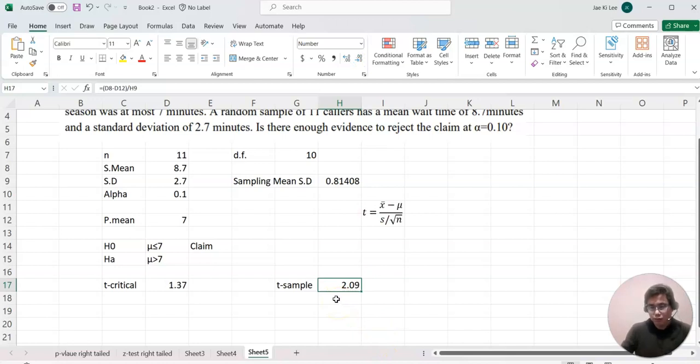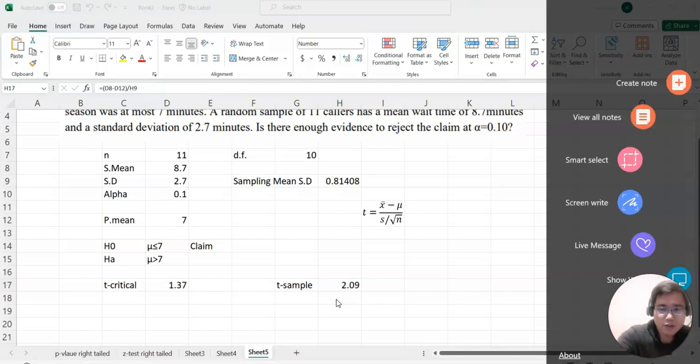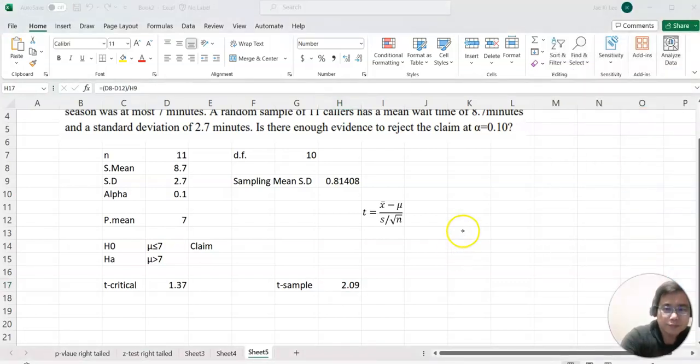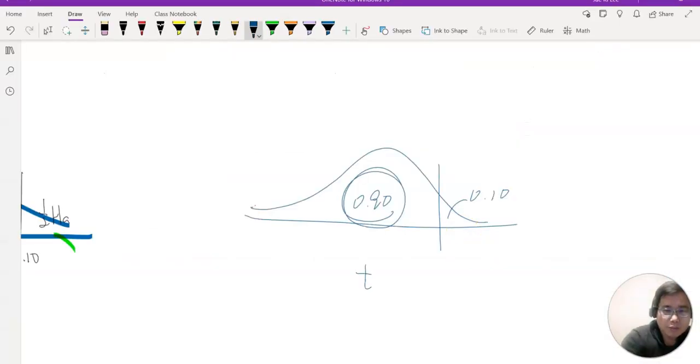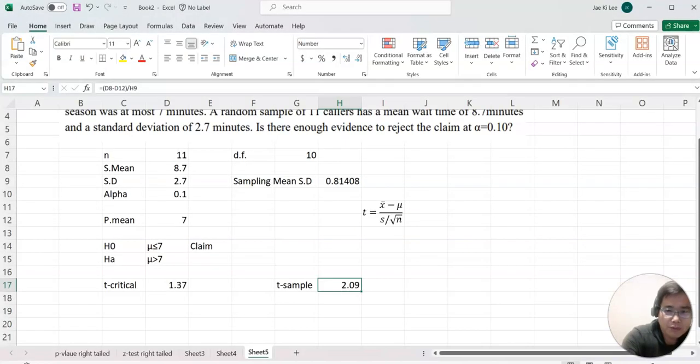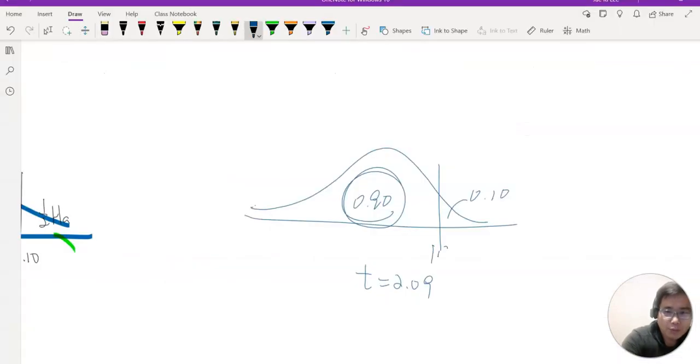Okay, so I'm going to bring this to our t curve here. t sample equals 2.09, and the t critical was 1.37. That's our t critical value.